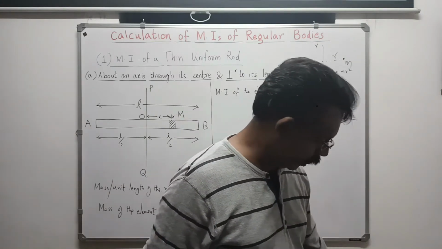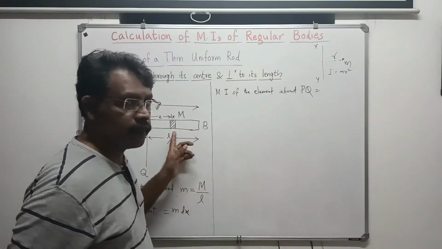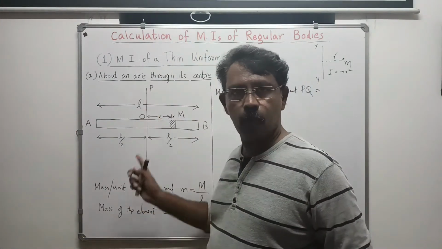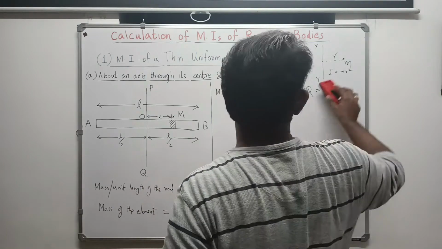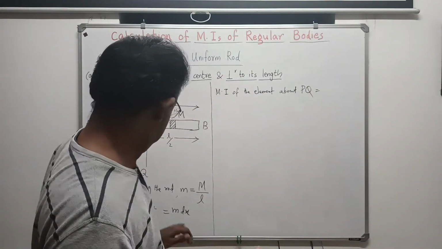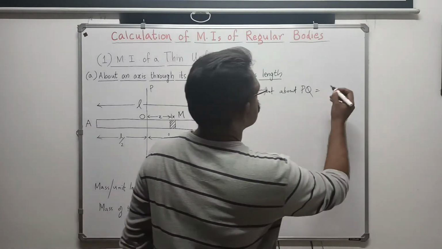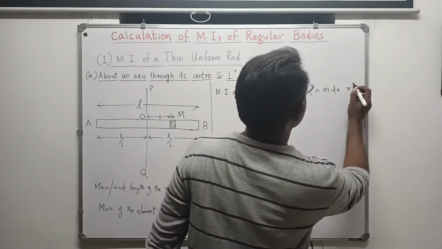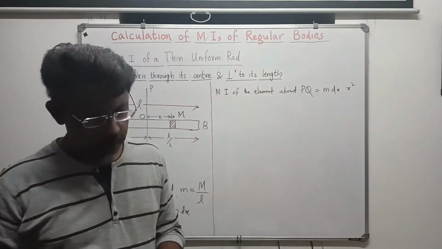Similarly, I can consider that this element is at a distance x from O. So what will this be? That will be (m/L) dx into x squared, right? Why?